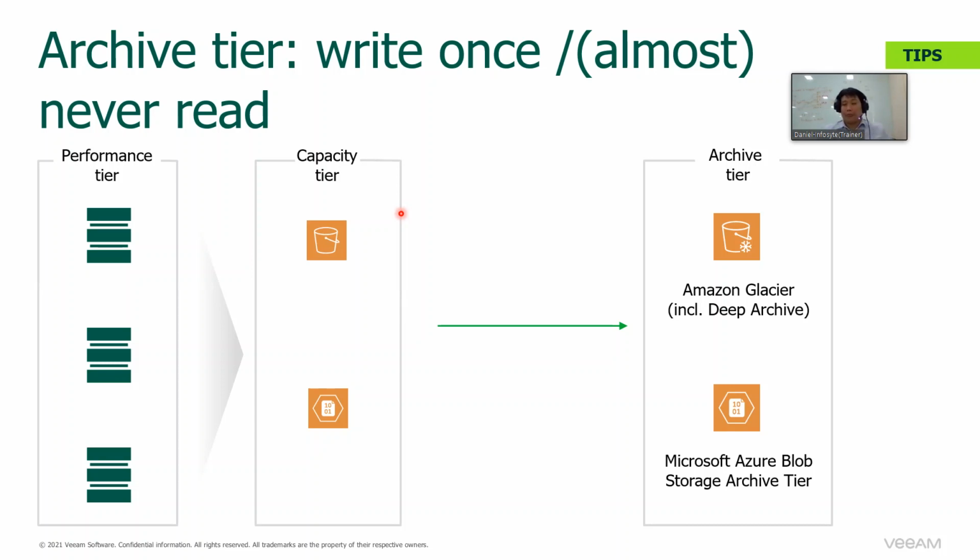These two offer a cheaper cost of storage compared to the regular capacity tier. We are looking at cost per gigabyte here. Glacier and Archive tier usually give you cheaper cost per gigabyte, but Archive tier is designed to keep your data for a longer time.